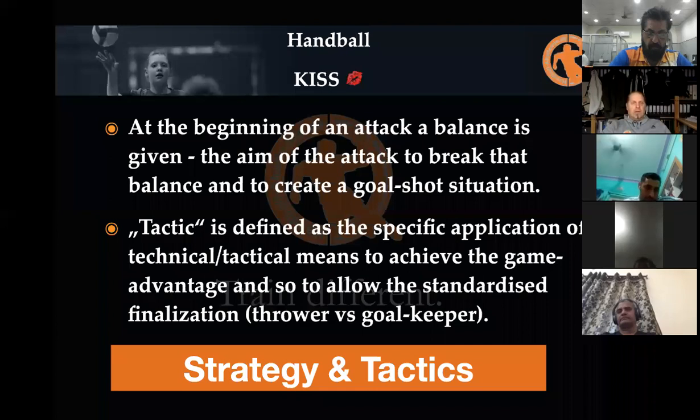And in this game advantage situation, the players can use a shot situation of only shooting against the goalkeeper. This is the best situation we have. So in that moment, they have the highest probability of success. So tactics is defined in that way, that the game advantage should be achieved.